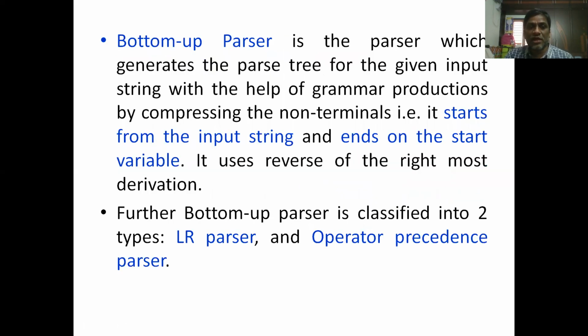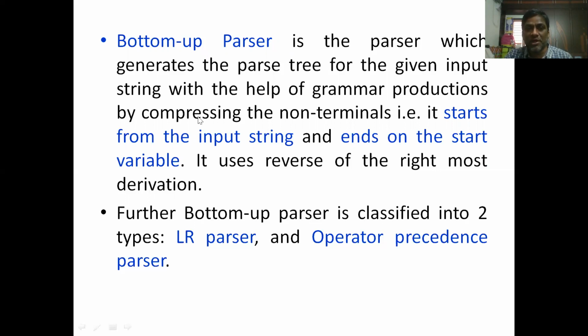In contrast with that top-down parser, a bottom-up parser generates the parse tree or abstract syntax tree by starting from the input string. In top-down parsing, we start at the first variable of the grammar, the start variable, and we try to generate the string from it.